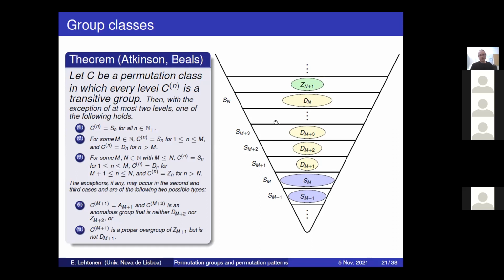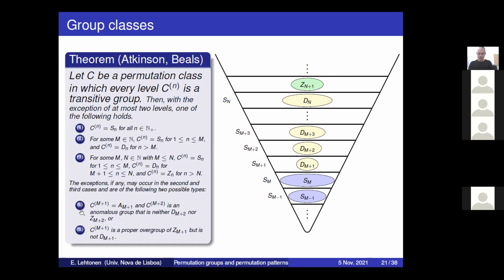The third possibility, we have the symmetric groups up to some level, followed by natural dihedral groups, which are then followed by natural cyclic groups. So these were the first three cases.